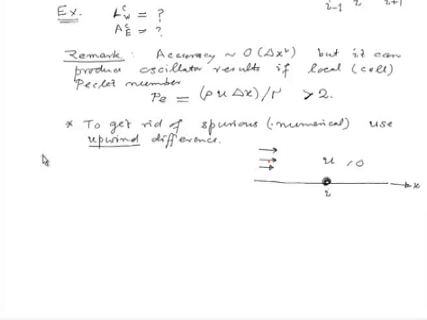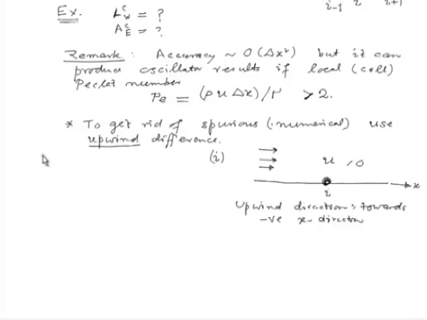So, what would be our upwind direction? Upwind means that we go against the wind or against the flow velocity. So, upwind direction would be towards the negative x direction. So, this is one case.